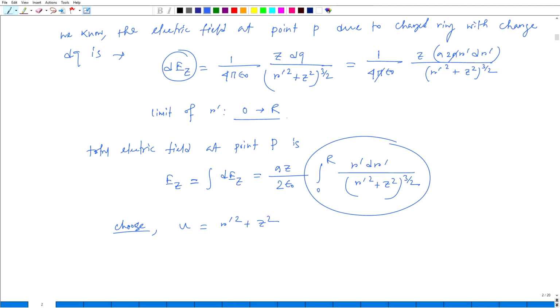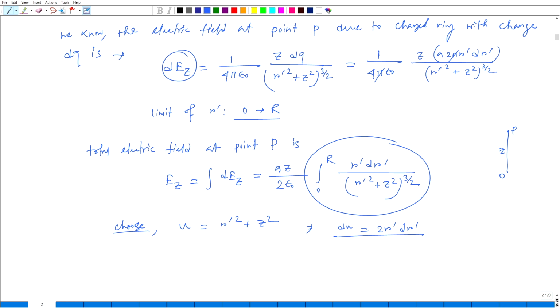So, then du, z is constant; in this case z is a fixed distance from the center to a fixed point P. So, du becomes 2 r prime dr prime.